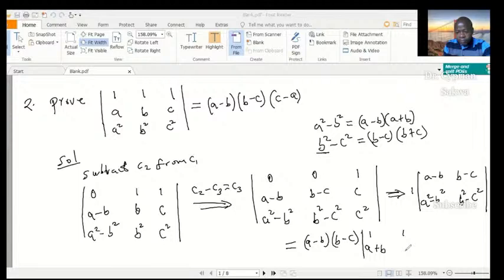So you can see now what we have. What we have is that I can now find this determinant and multiply by this. So let me just get some space here.